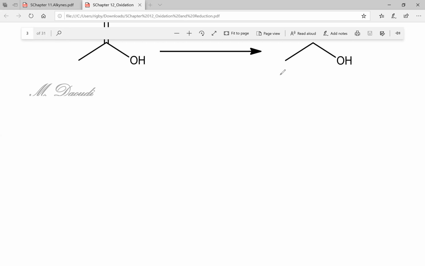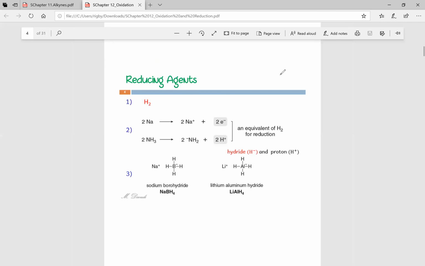All right, so reducing agents. Right now we're going to talk about the different types of reducing agents that we have. First off is H2, which will probably be the one you become most familiar with, because most of the reduction reactions will have hydrogen in them.